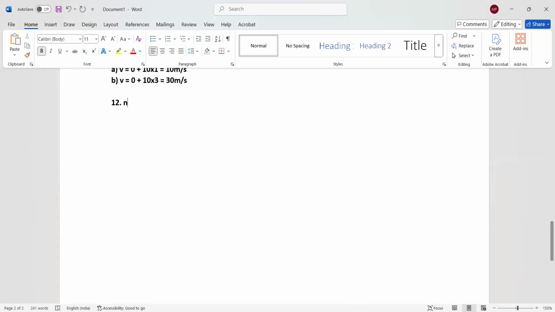Normal force, that is mg, is equal to 1.2 into 9.8, which is equal to 11.76 Newton. So that is the normal force.